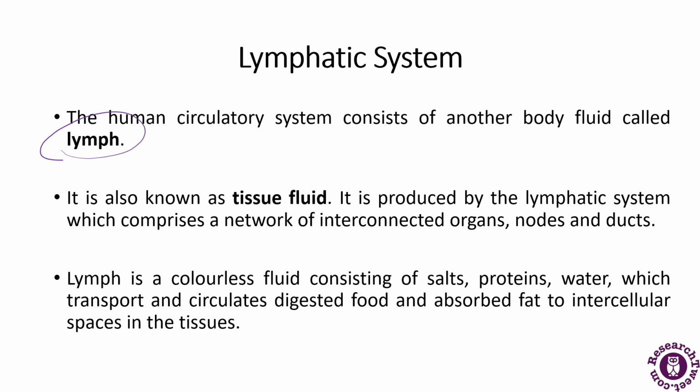It is a colorless fluid consisting of salts, proteins, and water. It circulates digested food and absorbs fat to the intercellular spaces in the tissue. That is the function of lymph, which is part of the lymphatic system.